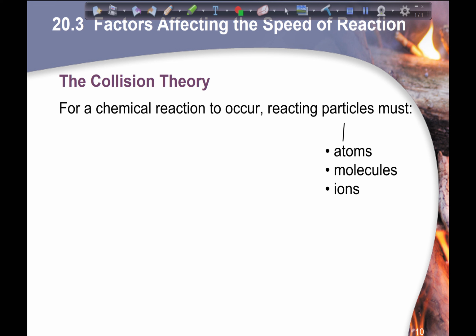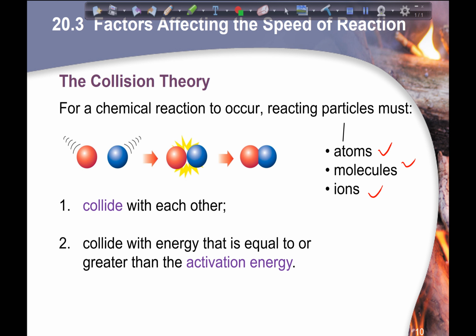When particles, I'm talking about either atoms, molecules, or ions, collide with each other at the right orientation and collide with energy that is equal to or greater than the activation energy.